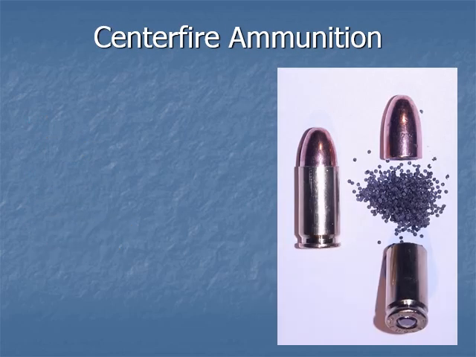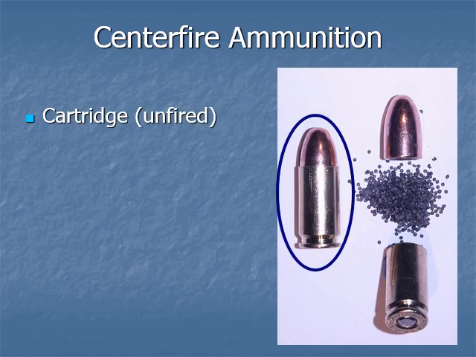So if we looked at some of the different kinds of ammunition, then we see the three main parts of ammunition here. So most people say this is a bullet. This is actually more what would be considered ammunition. This is the bullet. This is the gunpowder. This is the cartridge.